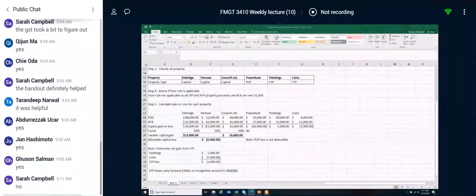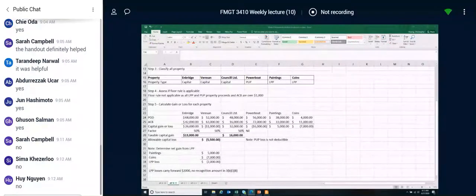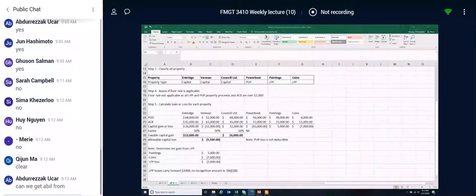I think this question was fairly straightforward, with the real estate really being the only wrinkle. So I just see Sarah saying no questions. Anyone else? Just want to get a good wide cross section here.